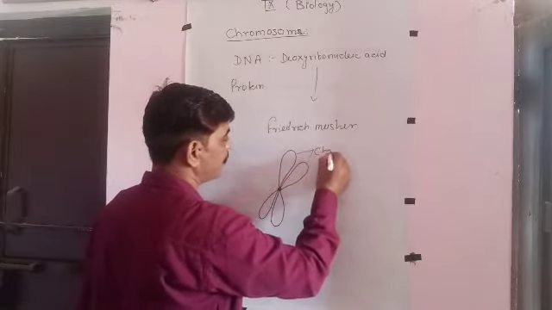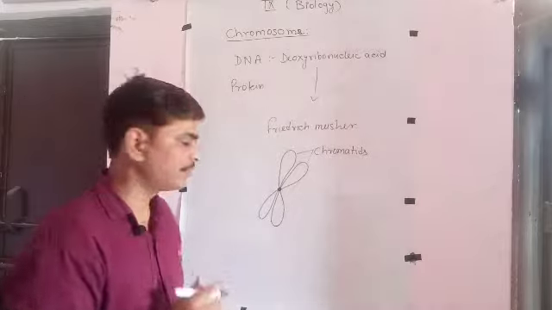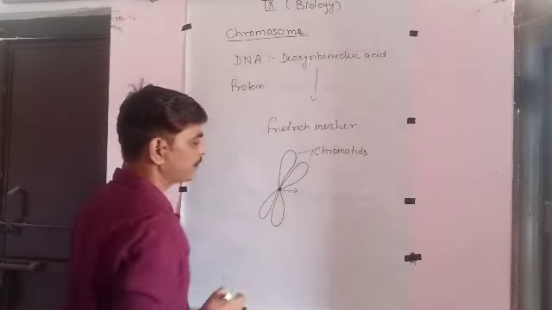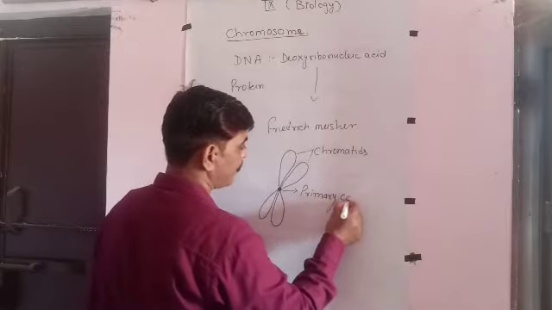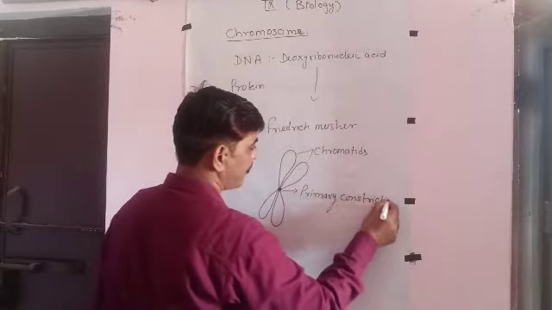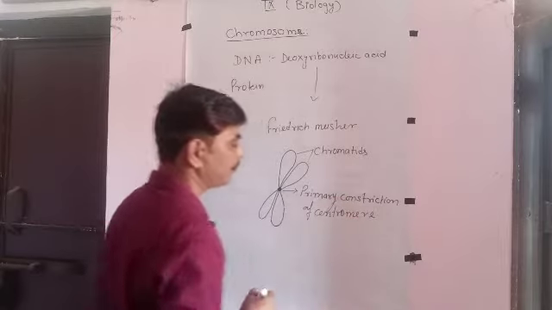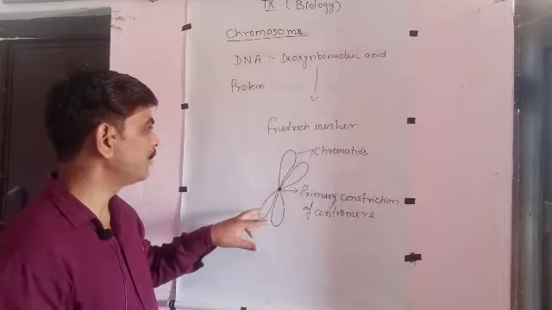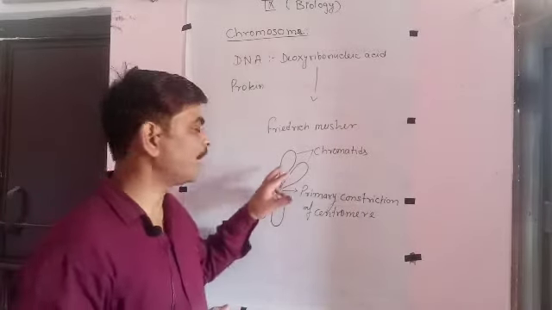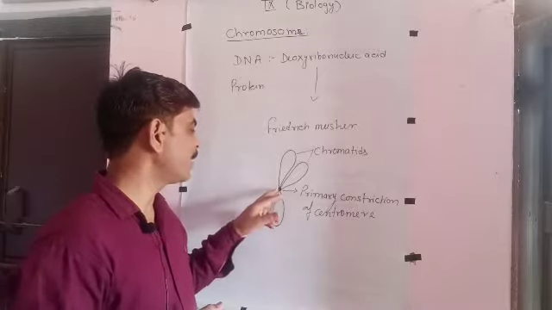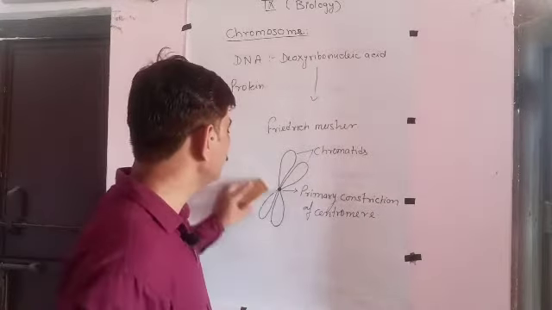These two arms lie side by side, and they are attached to a point that is called the primary constriction or centromere. Chromosomes always have two arms, and these arms are attached at the centromere. The detailed structure of chromosomes you will study in higher classes.